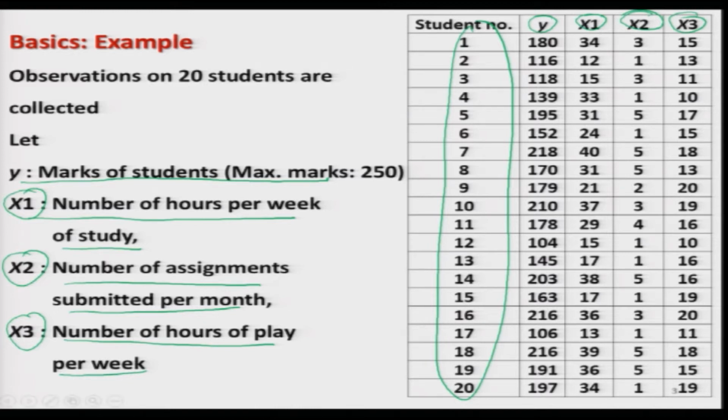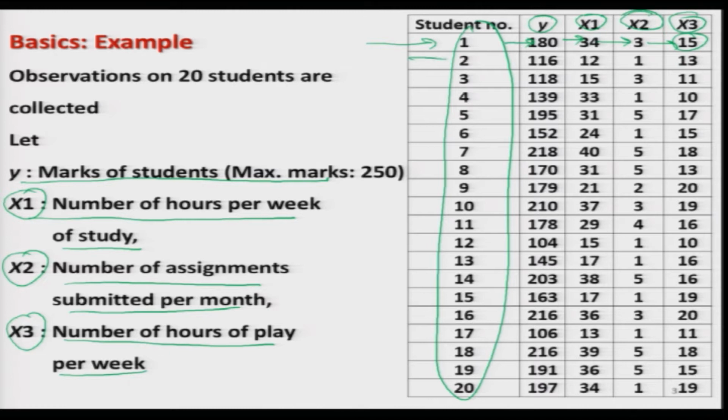So, the interpretation of the data goes like this. Suppose I consider student number 1. Student number 1 has got 180 marks out of 250, and this student had studied 34 hours per week, submitted 3 assignments per month, and played 15 hours per week.